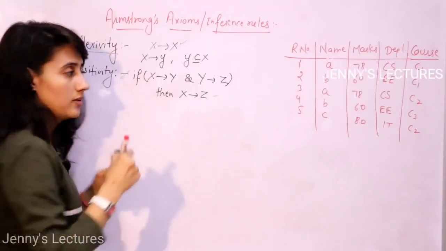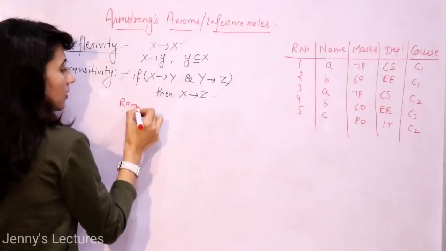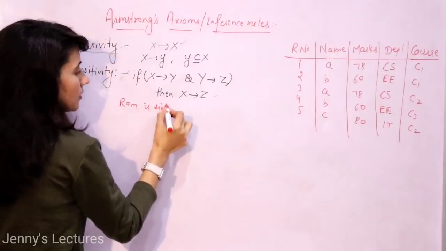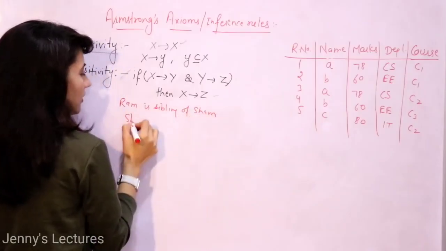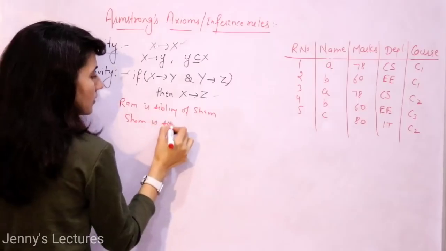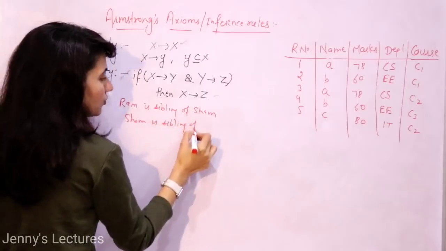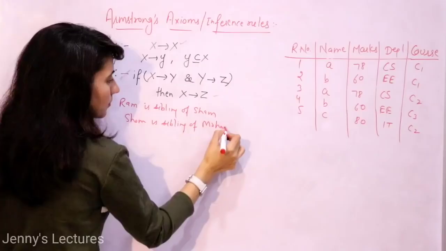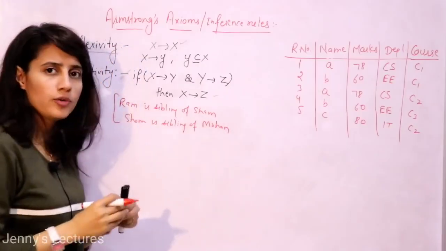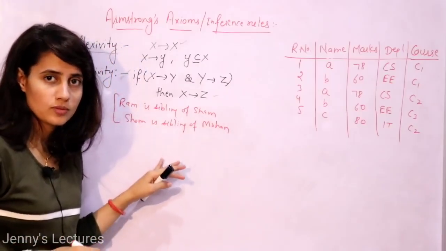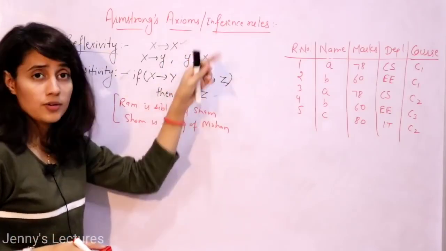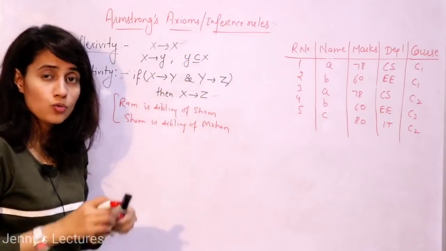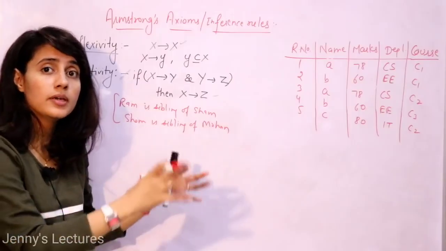Like if I say Ram is sibling of Shyam and Shyam is sibling of Mohan, then from here what can you conclude, what can you derive, right? See, inference or infer means what? To conclude something from given evidence.